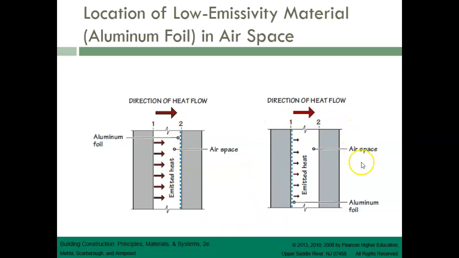In the right-hand side, if our aluminum foil is on the warm layer, which is number 1, less of that heat or energy is going to get into the airspace. And therefore, the location of the aluminum foil does have an impact on the R value of the airspace, but not the other solid materials.